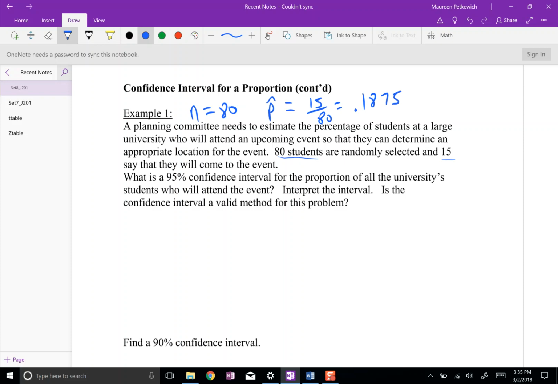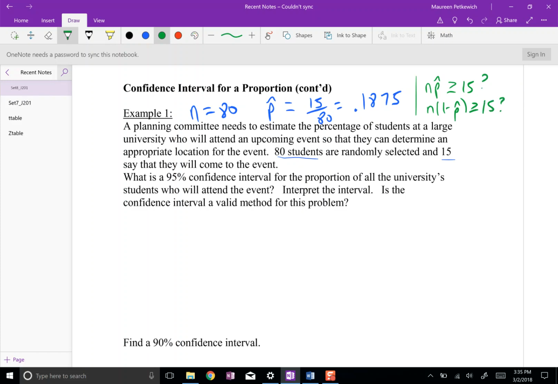And a couple of the properties that I want to check: I want to know, am I working with a sampling distribution that's approximately bell-shaped? The way I'm going to check that is, is n times p hat at least 15, and is n times 1 minus p hat at least 15?